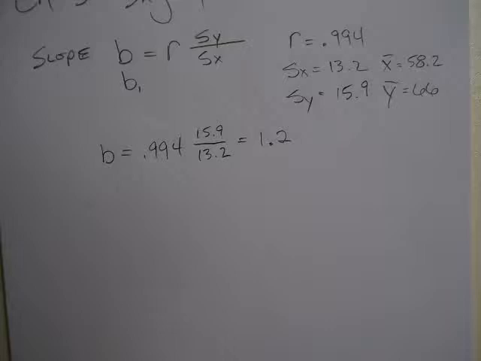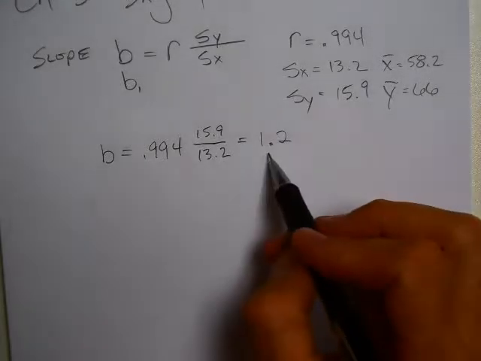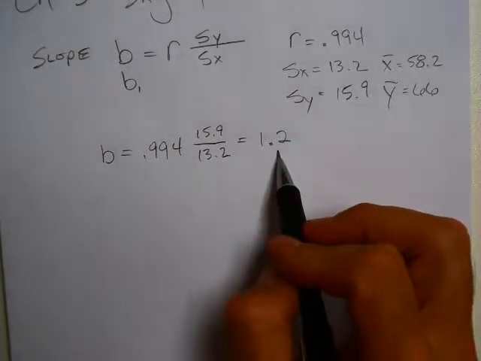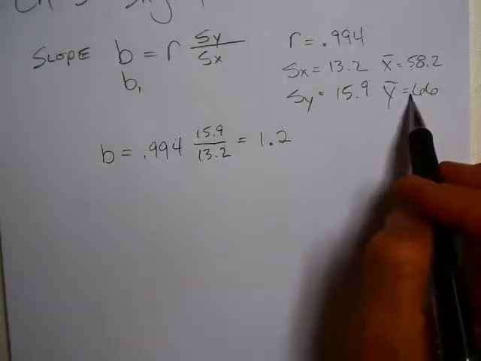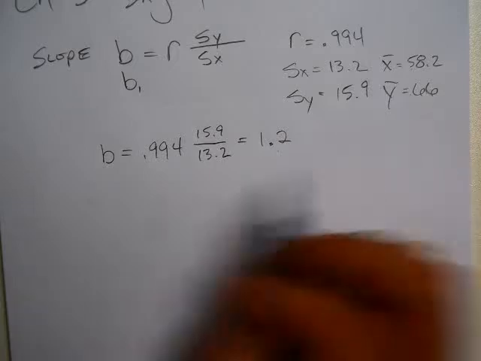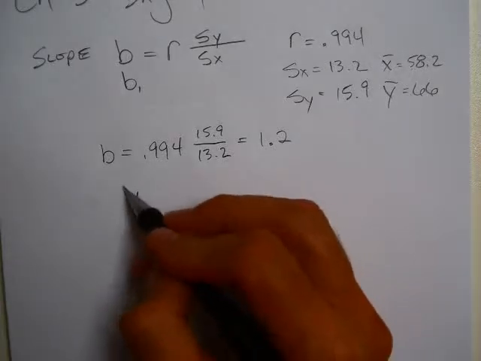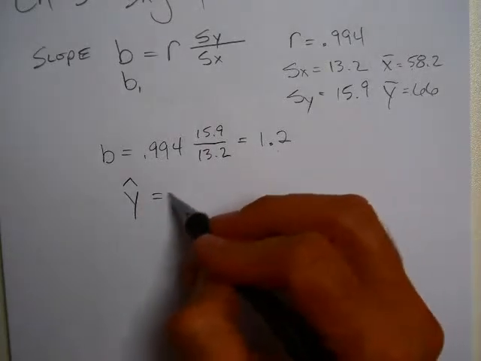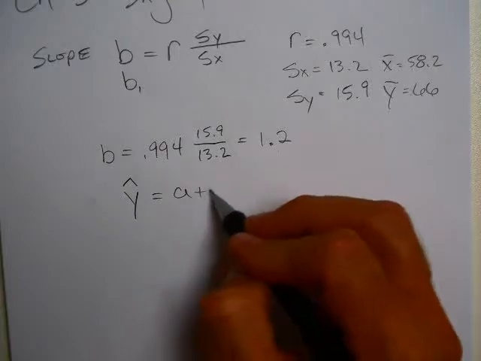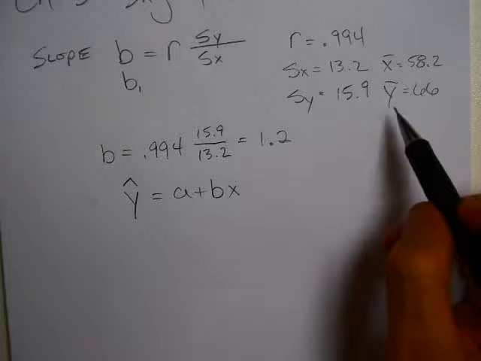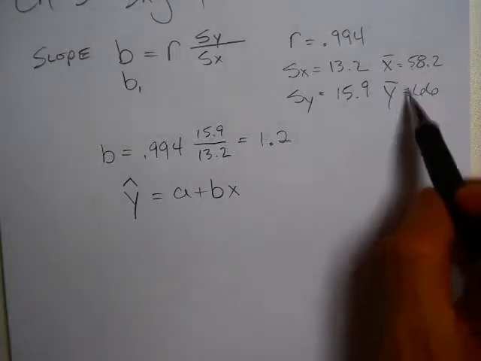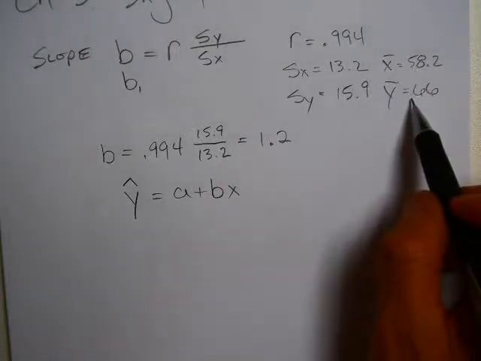How do I get the equation of the line? I have the slope, I have an x bar average and a y bar average. So think about our equation, y hat equals a plus bx. Well, I don't really have an x and a y value, but I have the average of those values.